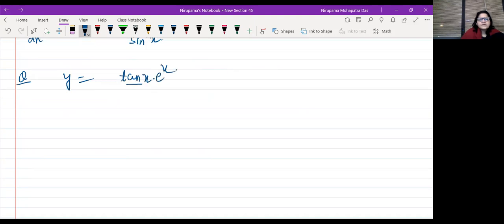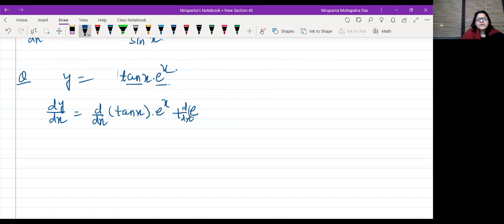We have two functions, a product of two functions, so dy by dx equals the derivative of tan x into e to the power x plus e to the power x into the derivative of tan x. d by dx of tan x is secant square x, so secant square x into e to the power x plus e to the power x into tan x.